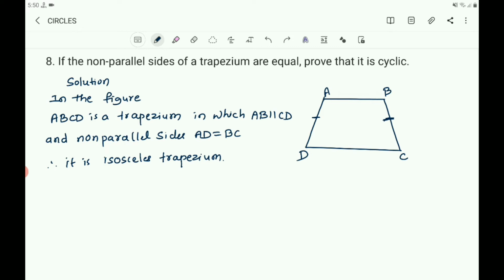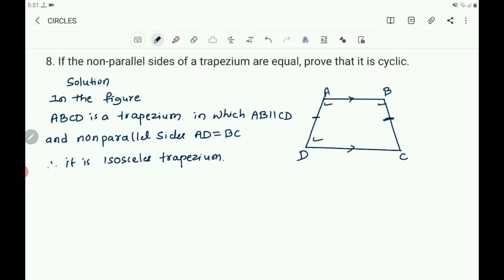Then what is the property of trapezium? In a trapezium, angles at the ends of the non-parallel sides are supplementary. Means angle A plus angle D equals 180 degrees, and also angle B plus angle C is 180 degrees. And also one thing, you know, as AB is parallel to DC, angle A and angle D are the interior angles on the same side of the transversal.